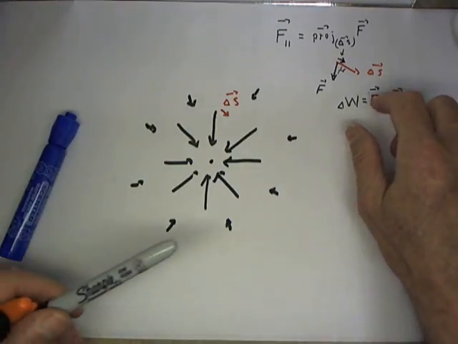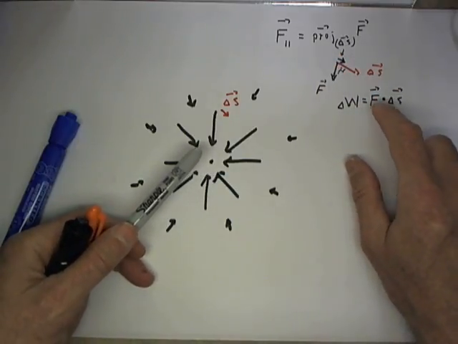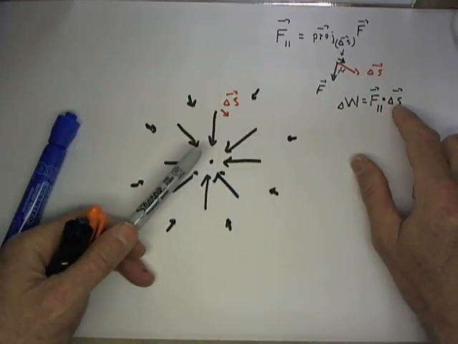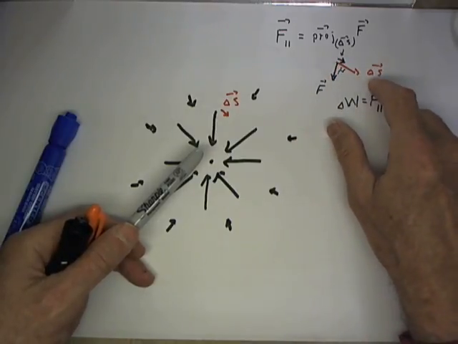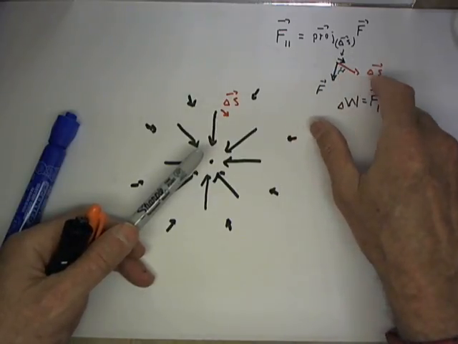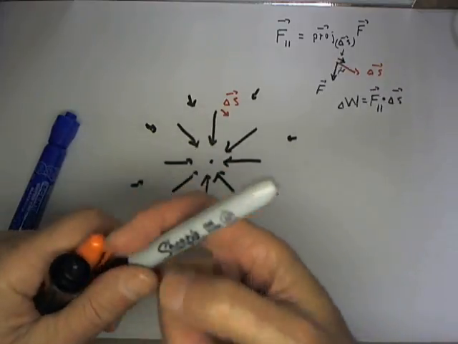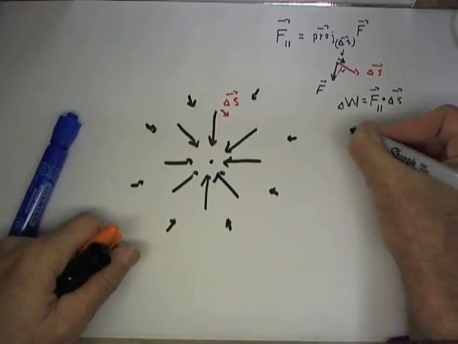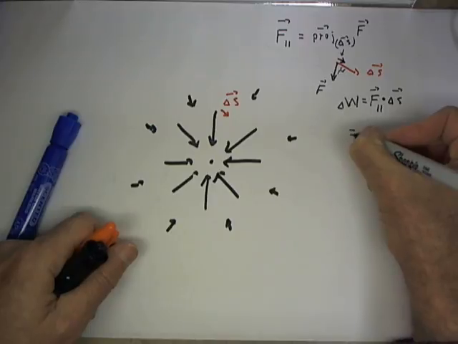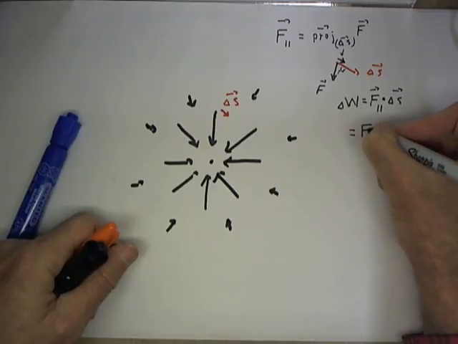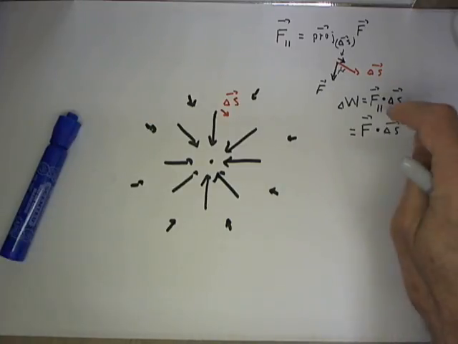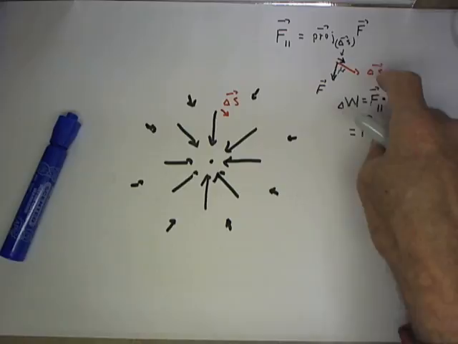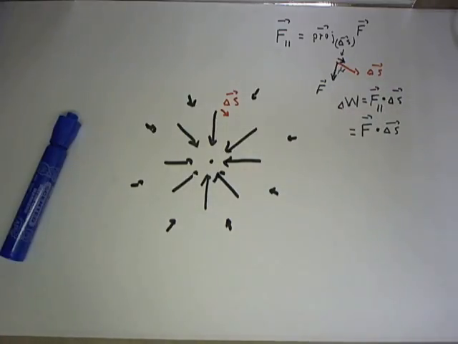Now, if you think about it, then this is just going to be the magnitude of the projection times delta S, positive if the force component in the direction of S is in the same direction, and negative if it's in the opposite direction. Without going into all the details, you can verify this. This is nothing but F dot delta S. We didn't really have to come down to the F parallel and the projection and everything.